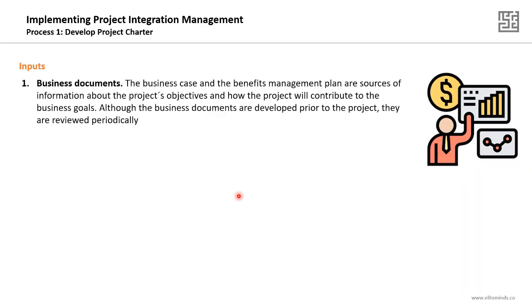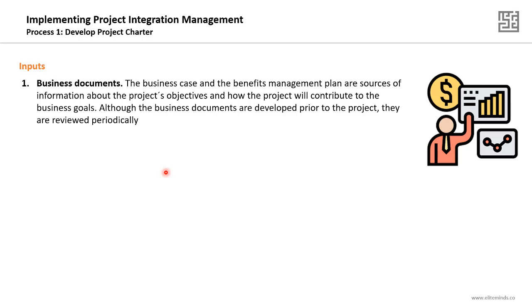Now, what are the inputs in order to develop the project charter? First of all, I will need the business documents. And the business documents, mainly in project management, are 2 documents: the business case and the benefits management plan. When you are starting the project and working on developing the project charter, they are great sources of information about the project's objectives and how the project will contribute to the business goals of the organization.